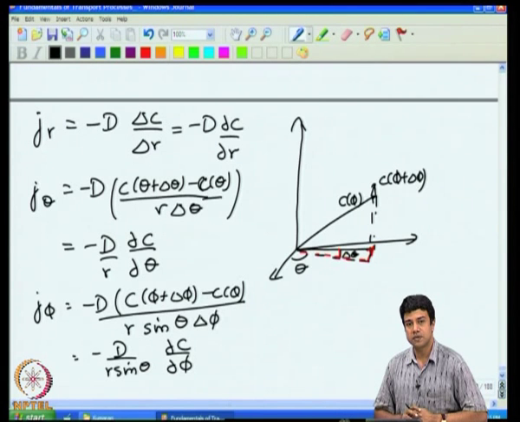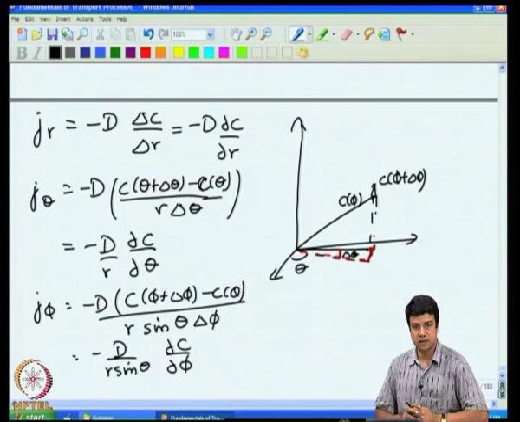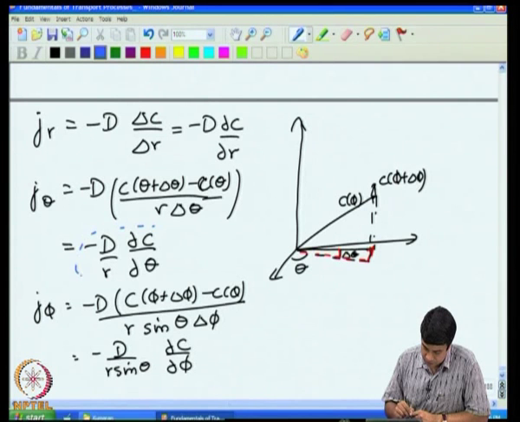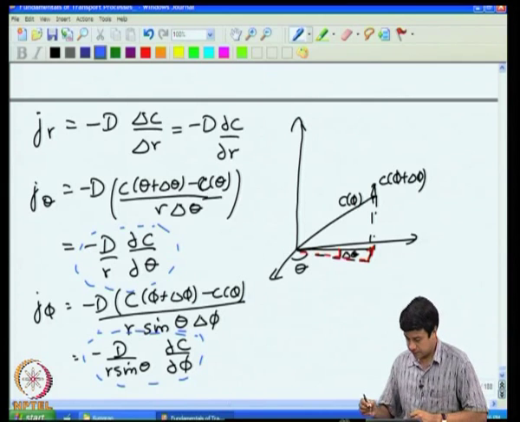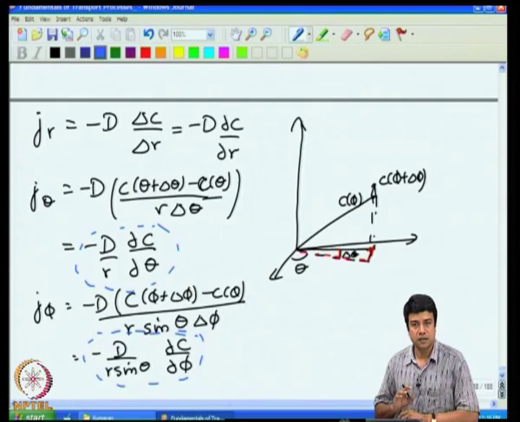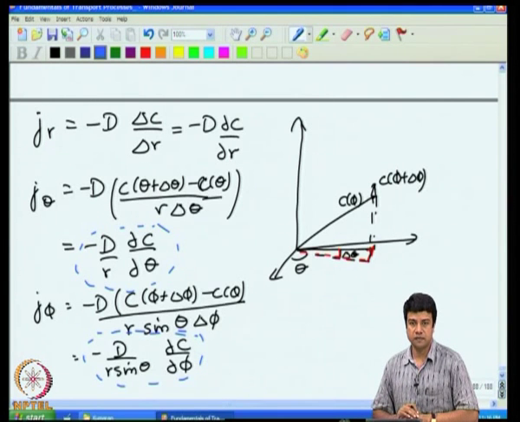Therefore, you get fluxes of this form in the theta and phi directions. This is important to note, because the coordinates in this coordinate system do not have dimensions of length. Therefore, the expressions for the flux are a little more complicated.